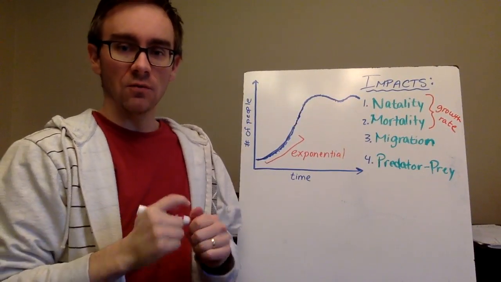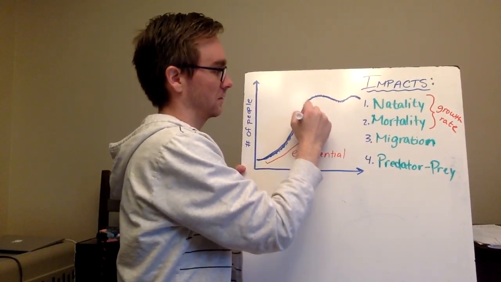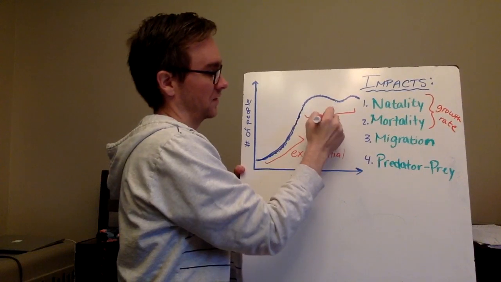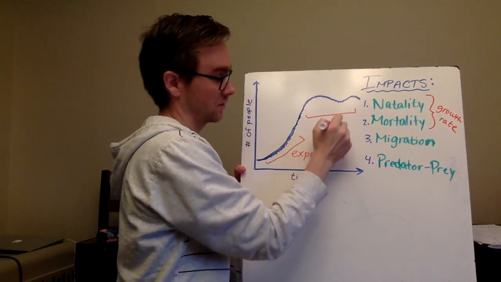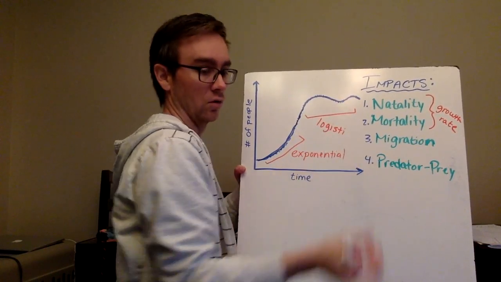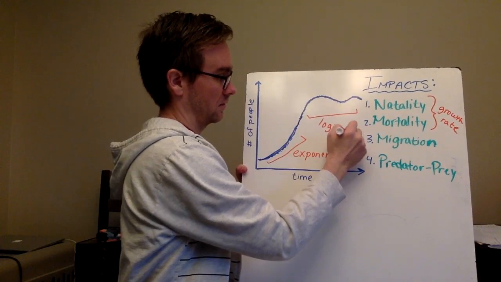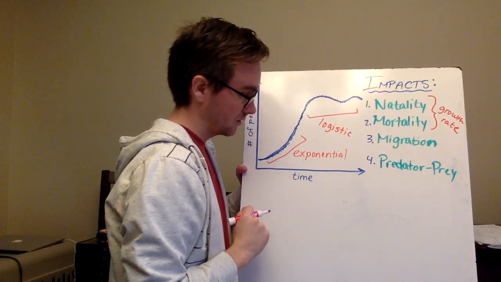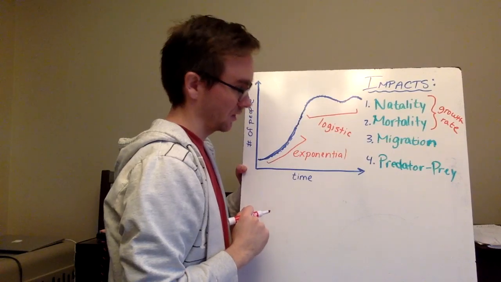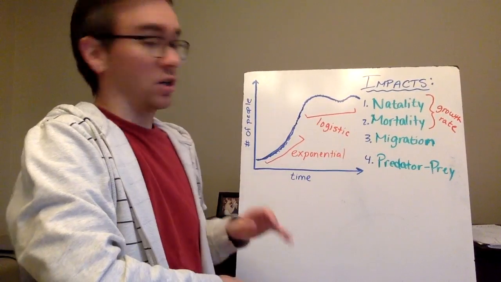This whole spot right here is what we call a logistic curve, or logistic growth. Did I spell that right? Sorry, brain fart. All right, logistic curve.